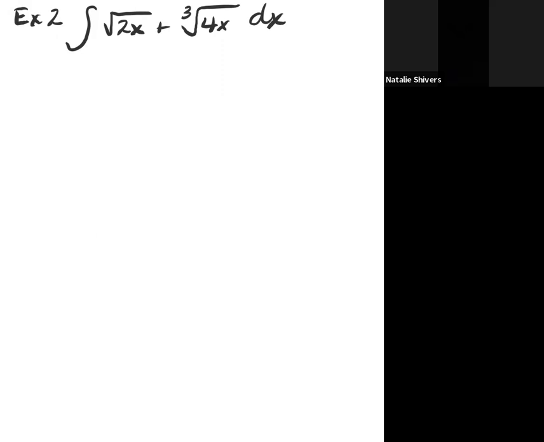And by the way, if your integrals don't look great, don't worry about it. I've only taken years of math and done years of this particular calculus class. So my answers are pretty good at this point. So we're going to rewrite this first one as 2x quantity to the 1/2 plus 4x quantity to the 1/3.